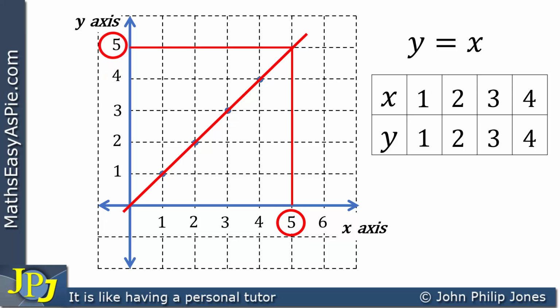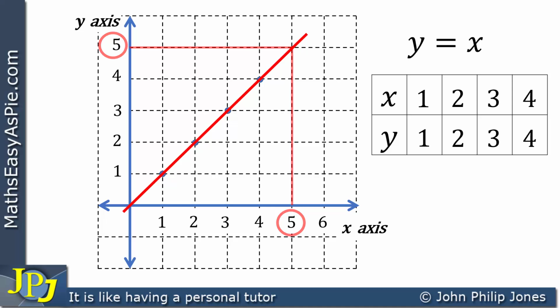So when x is 5, we can see that y is 5. And that should be the case, because if you remember, the graph you're looking at is a plot of this, where y equals x. So it stands to reason if x is 5, then y is going to be 5. So we can see we can use the graph to show us values of y for certain values of x.